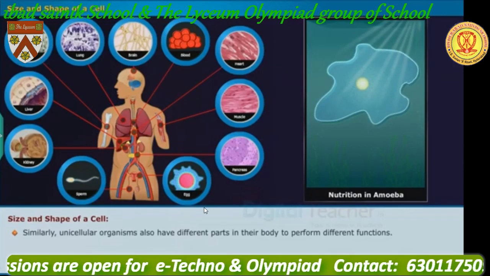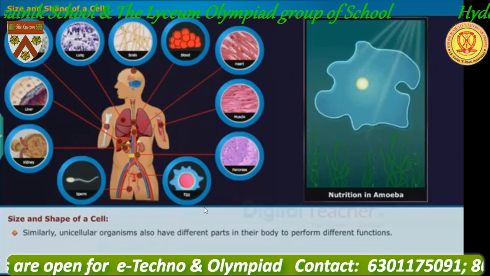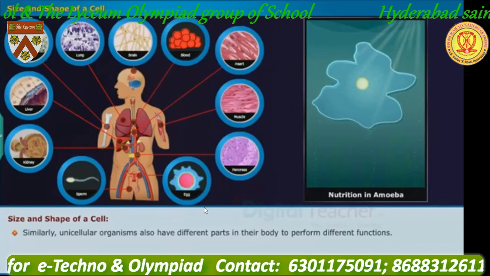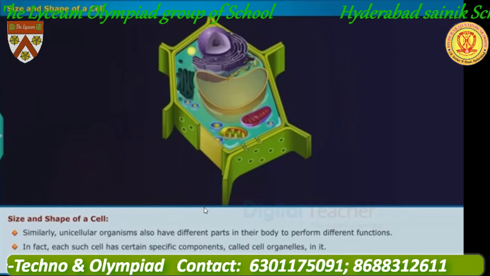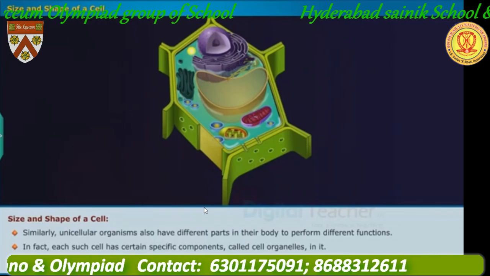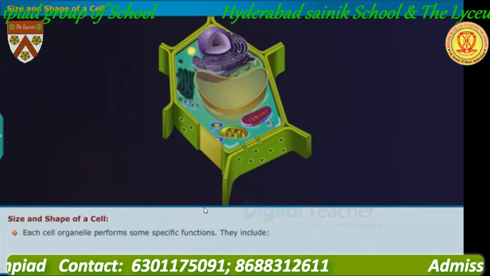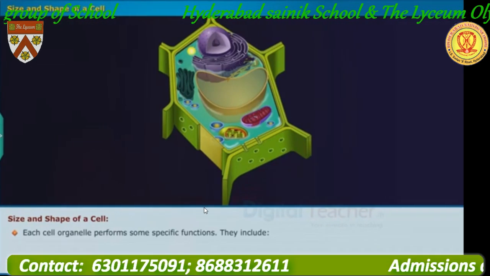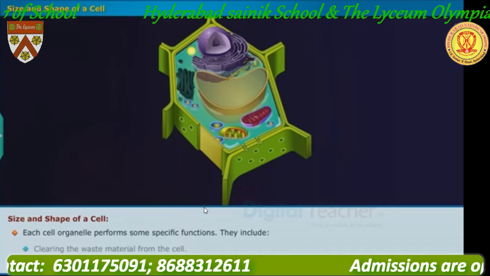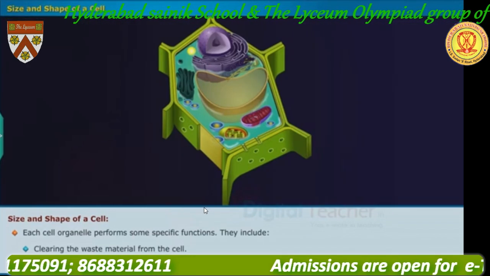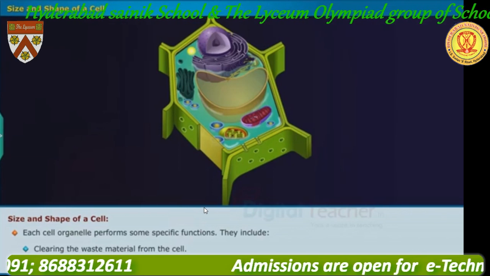Similarly, unicellular organisms also have different parts in their body to perform different functions. In fact, each such cell has certain specific components called cell organelles in it. Each cell organelle performs some specific functions. They include clearing the waste material from the cell, making new material in the cell, and so on.